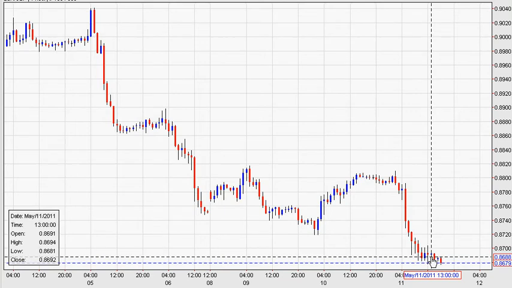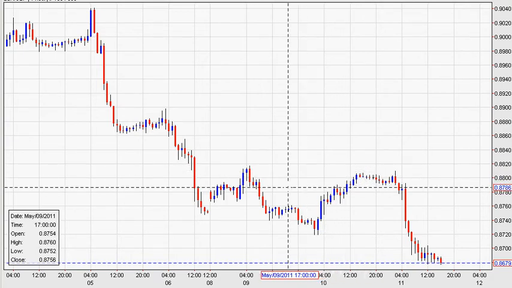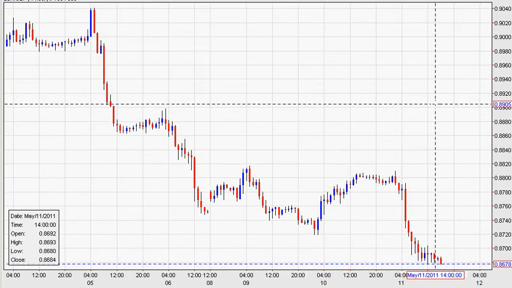And this pair has really been slowing down. Whether it's because the euro is getting stronger or the pound is getting weaker is a different story. But the pair looks bullish is the real story.